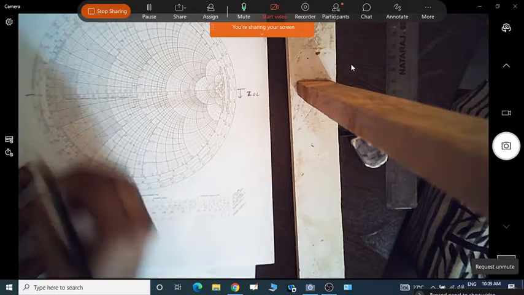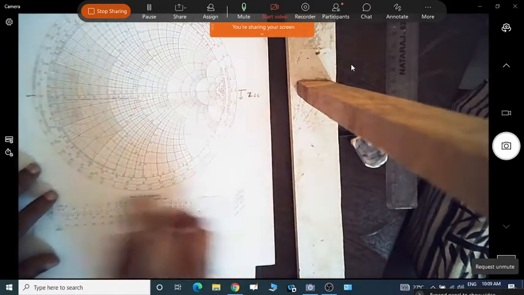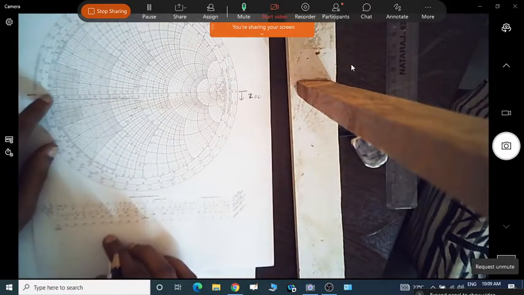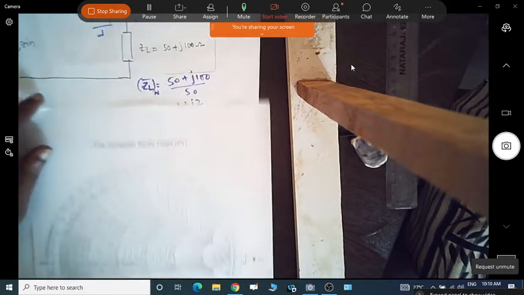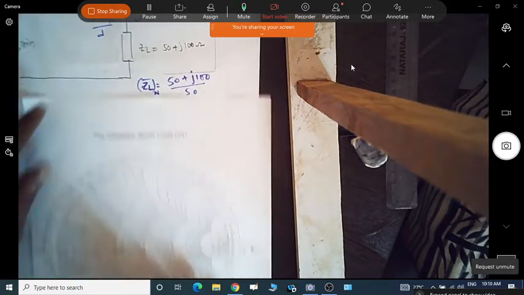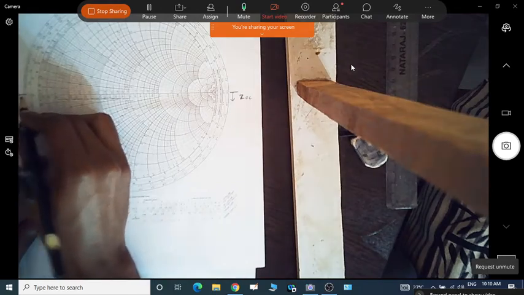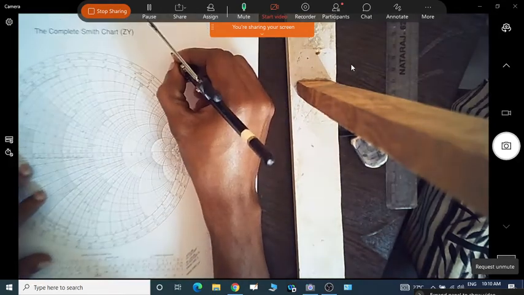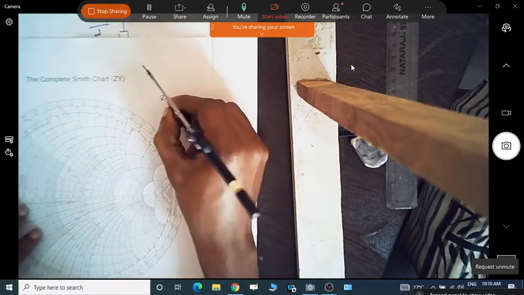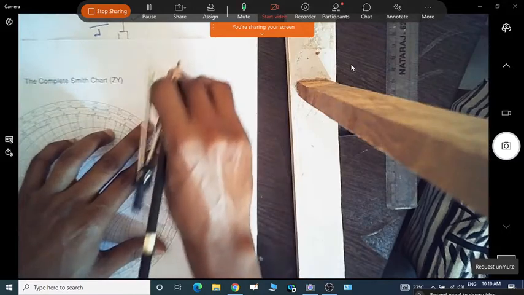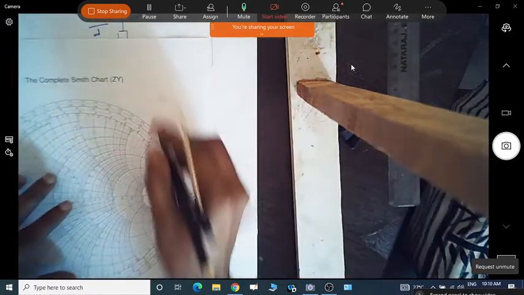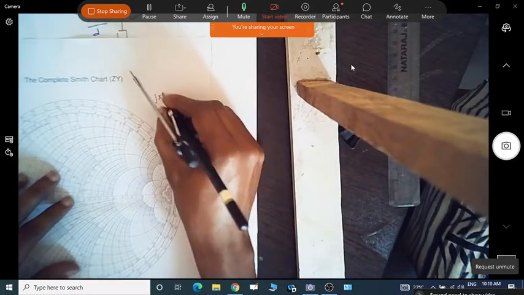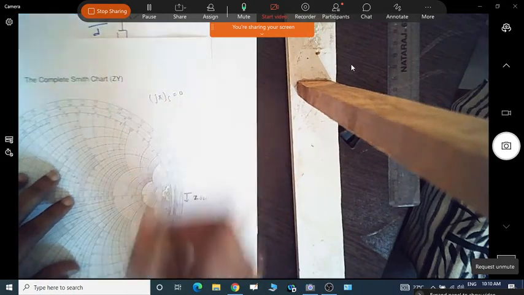Now if I move exactly from here to here, you can see the reactance offered by this one is 0. You can see it comes exactly at the real axis. So the jx part, the reactance offered by this stub, is 0.